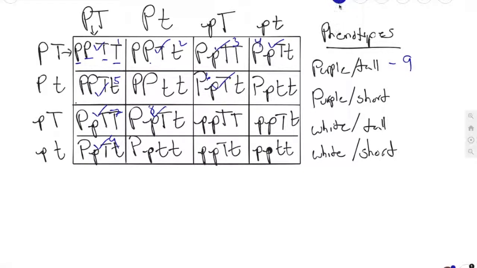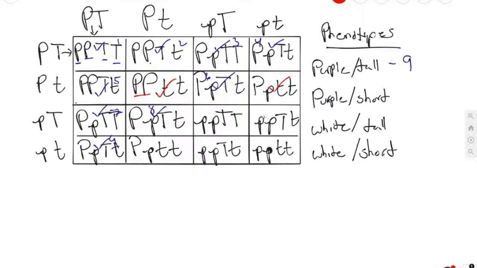All right, I'm going to switch to red. Now let's count all of the ones that are purple and short. We don't have to recount any of the ones we just counted. So let's start here. This one is purple and short, little t, so 1. Same thing here, this one is purple and short. There's another one.